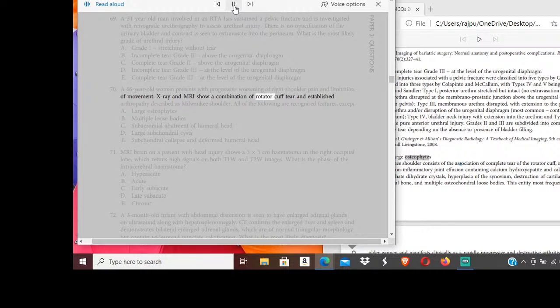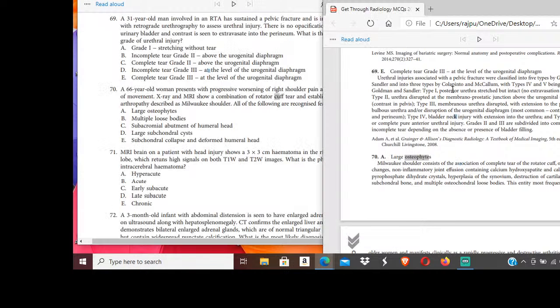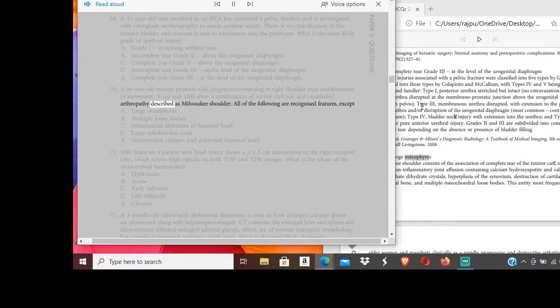X-ray and MRI show a combination of rotator cuff tear and established arthropathy described as Milwaukee shoulder.